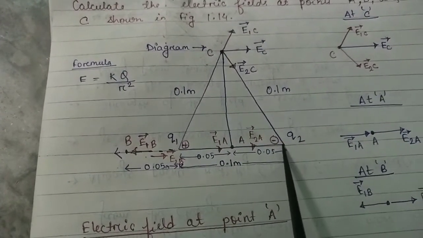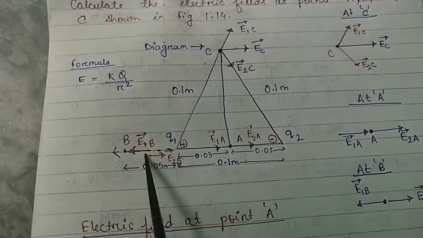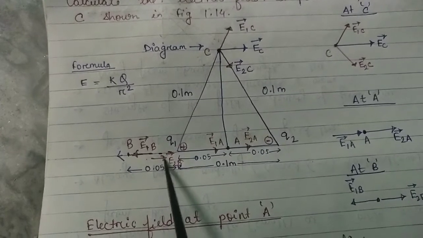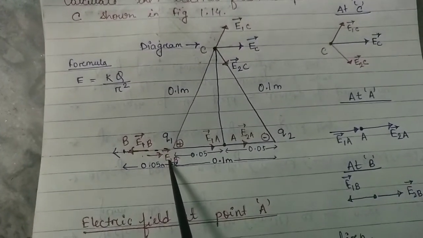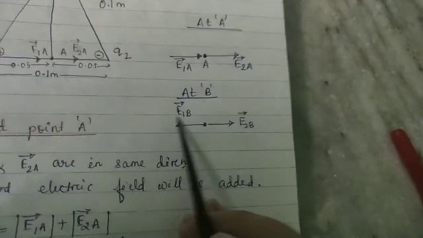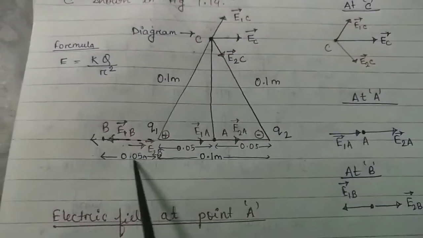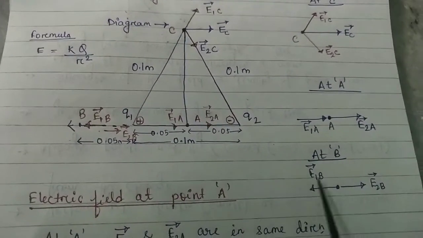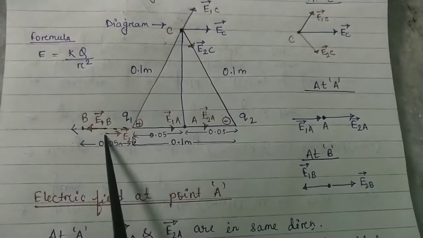Let's see the negative due to Q2. Q2 again towards itself, that means in just the opposite direction. It is electric field of 2 at point B, E2B. So we'll replicate here. At B, 1 is towards left for positive charge, radially outwards, and for the second charge it is towards right.